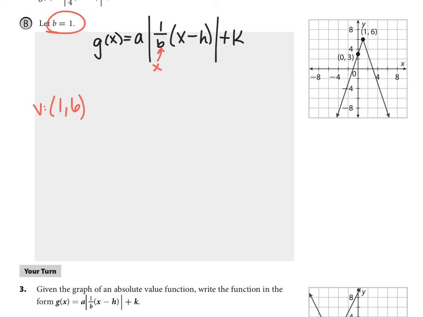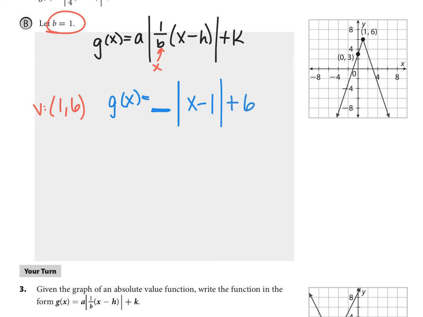At this point, I know that g of x equals some number, a, on the outside. The 1/1, that's nothing where the b spot is. So that's going to be absolute value of, inside's the opposite, so that's going to be x minus 1, since 1 is positive currently. And then outside's the same, so plus 6.